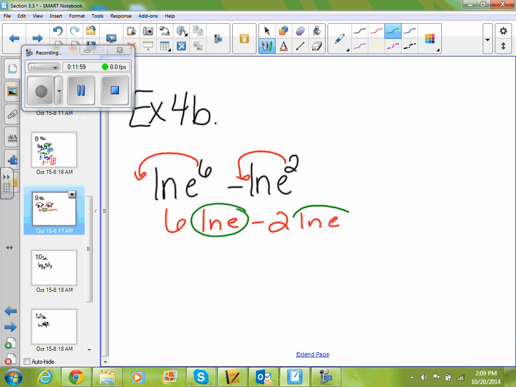And then the second part of that was that this subtraction actually becomes division when I combine them. So I get natural log of e divided by natural log of e, and they still have my 6 minus 2 out front.